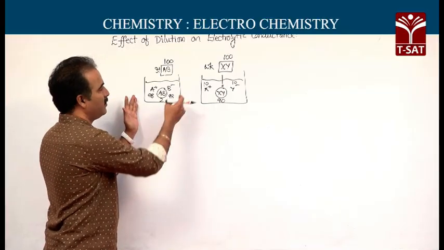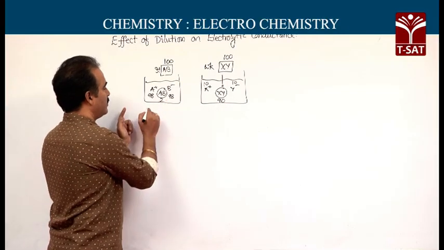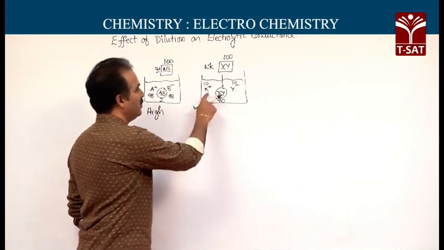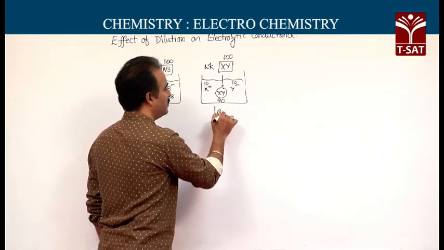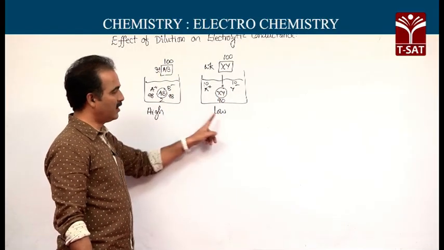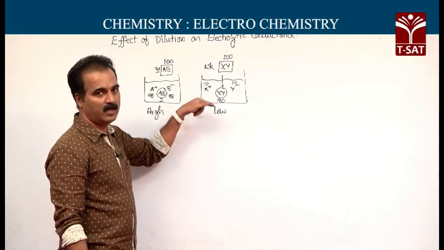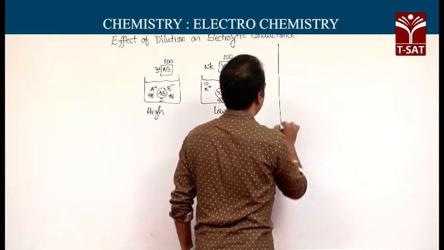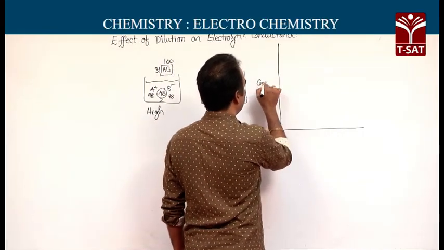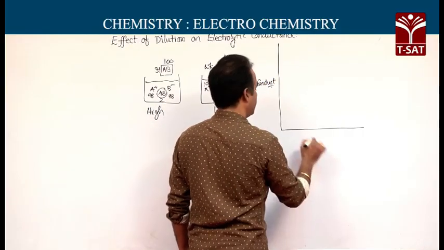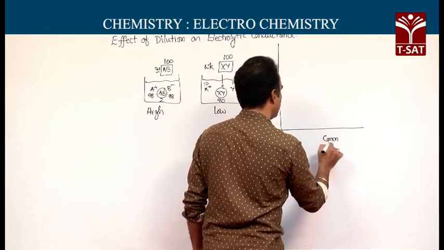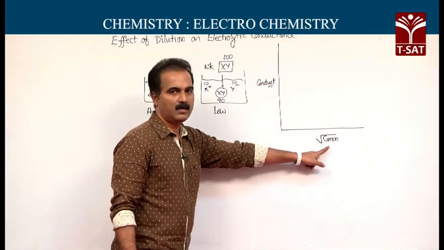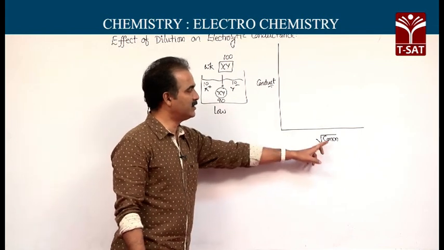Now, if you compare the conductivity of these two, conductance is high for a strong electrolyte due to the maximum number of ions, and there is a lesser number of ions in the weak electrolyte, so its conductivity is low. How these conductances change with dilution we are going to study, and let us put it in the form of a graph. Take conductance along the y axis and concentration, or square root of concentration, along the x axis.